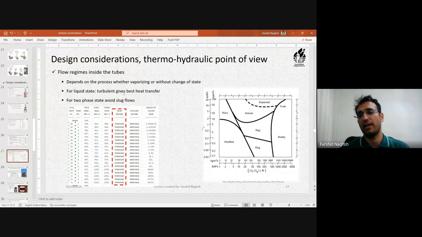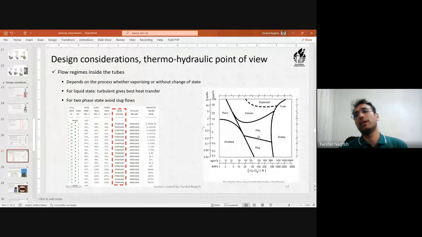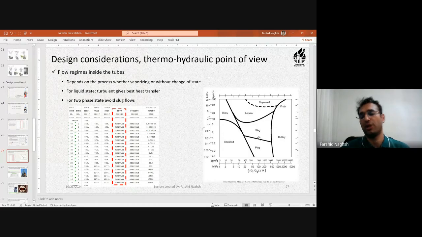If you have two-phase flow inside the heater, you need to avoid a slug regime, because it has a lot of vibrations, and it causes problems with supporting, and it causes mechanical and structural problems.